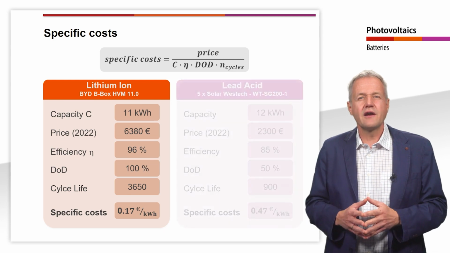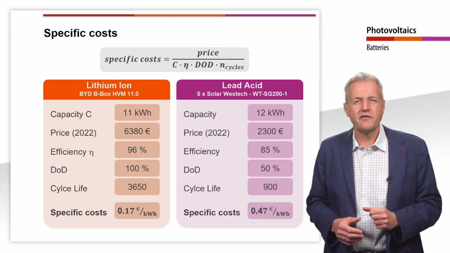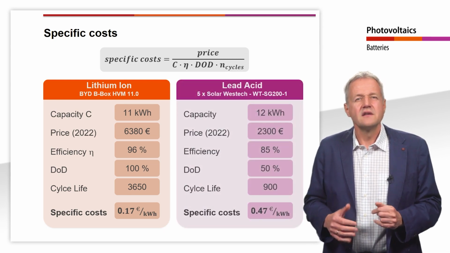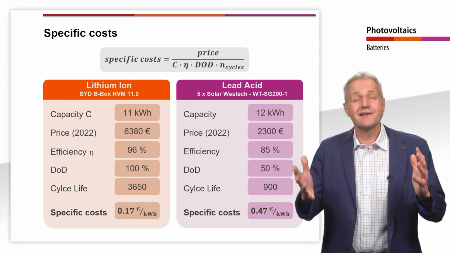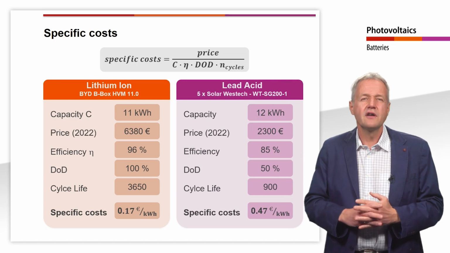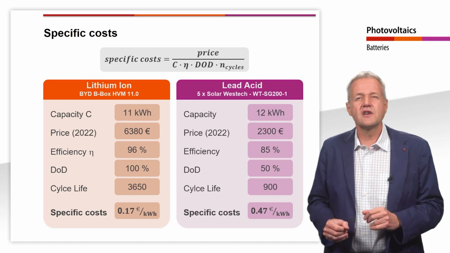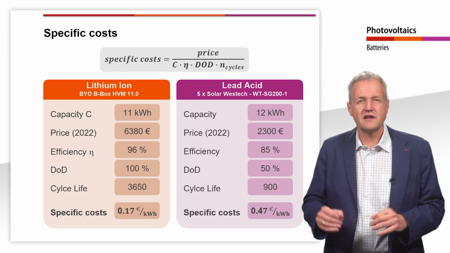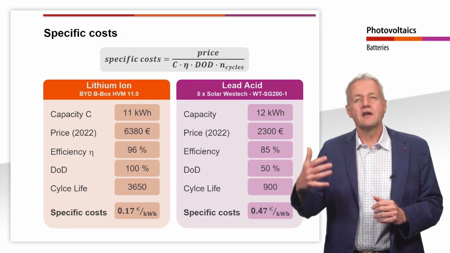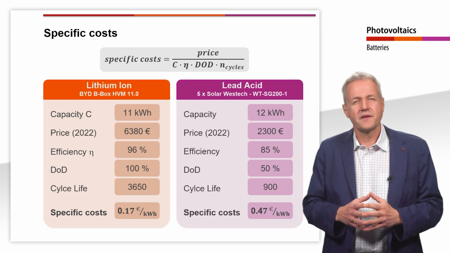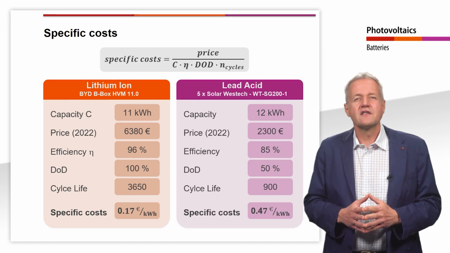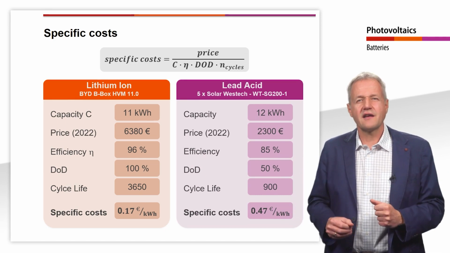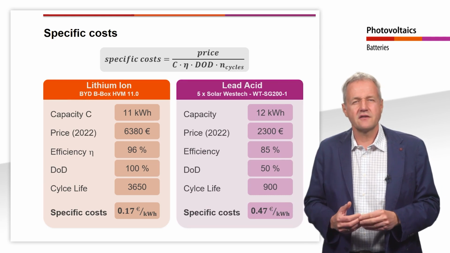Let's look at the values of a lead-acid battery for comparison. The investment costs for the lead-acid battery are significantly lower. However, lead batteries usually have a much lower efficiency. We generously assume 85% here. At a discharge depth of 50%, the manufacturer specifies a cycle life of 900 cycles.